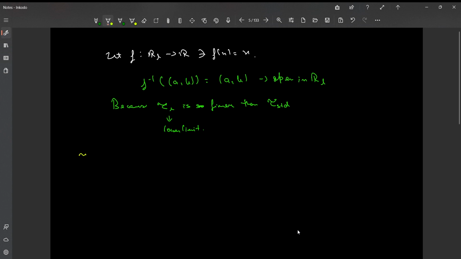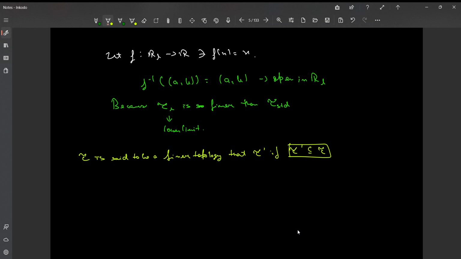What is meant by the word finer? It's simply contained. Tau is said to be a finer topology than tau dash if tau dash is contained in tau. That's it.